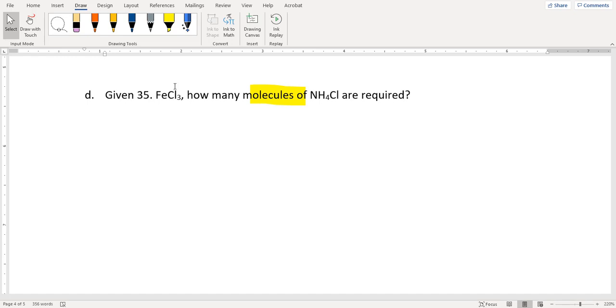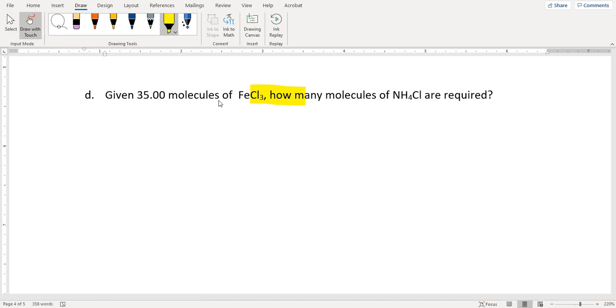So I'll say 35.00 molecules of iron chloride. Now, I do need to erase the highlighter, and then there's the molecules, and there's the molecules.